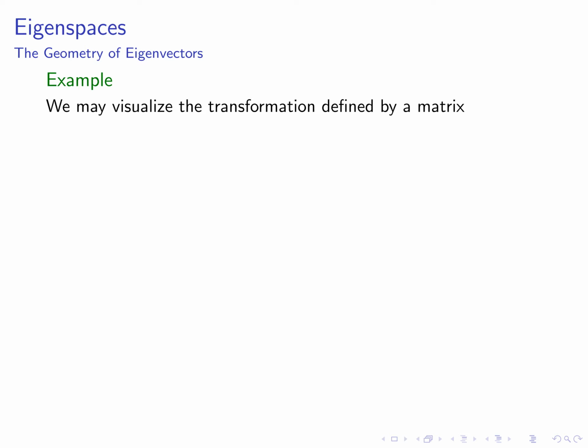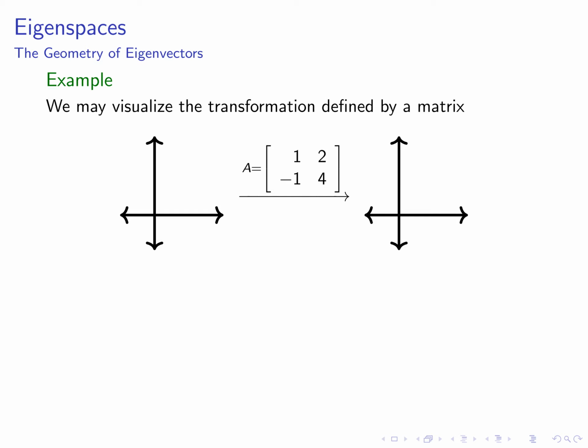So let's look a little closer at the geometry of this situation. Again, when we're dealing with a square matrix, we can visualize the transformation where the input vectors live in the same space as the output vectors. Here we're looking at the 2 by 2 matrix whose columns are 1, -1, and 2, 4.